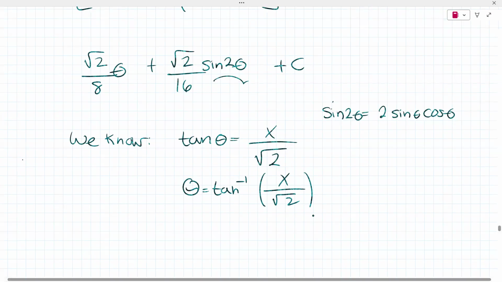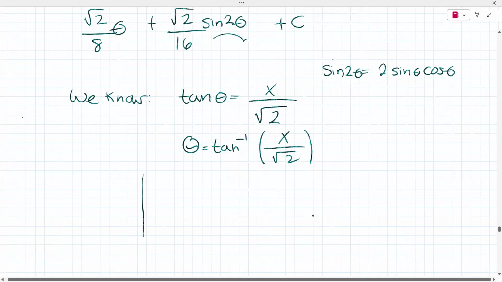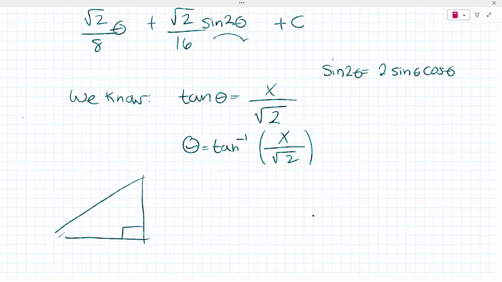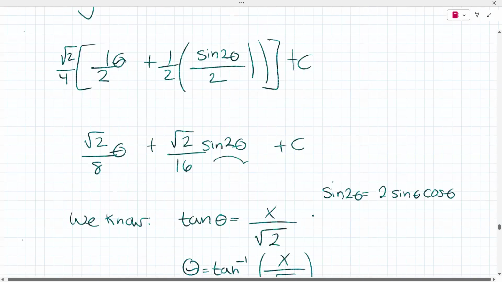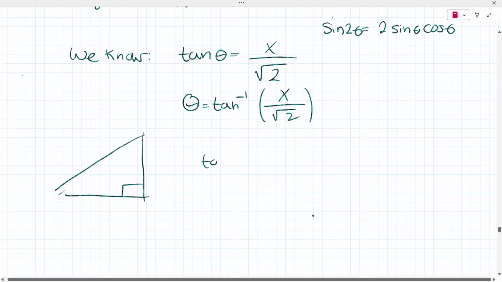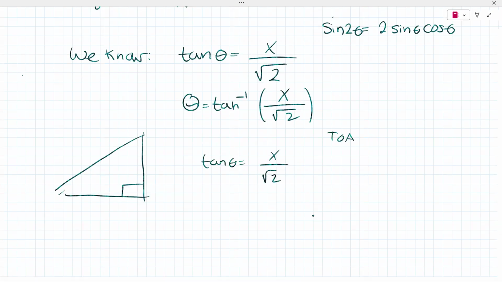So let's draw a triangle, because if we need to find sine theta and cosine theta, we need our triangle. So if you recall, here's a triangle. We know that tan theta was x over radical 2, so that is TOA, opposite over adjacent. Here's your theta. This would be x, which would be opposite, and then adjacent would be radical 2.